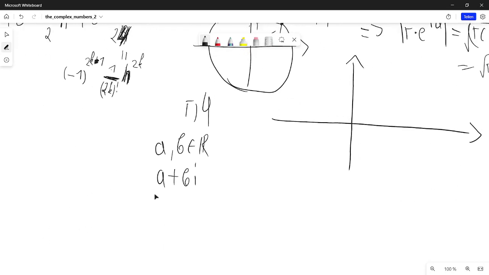Then we do the following. It doesn't change the number, you'll see in a second what I mean. These are just computations of real numbers, right? So nothing changes.